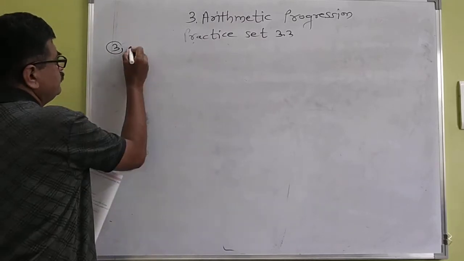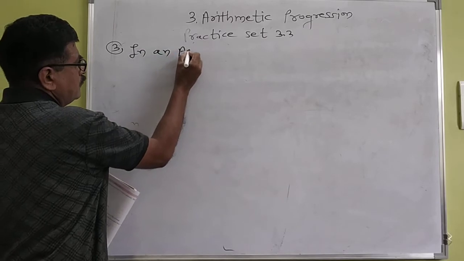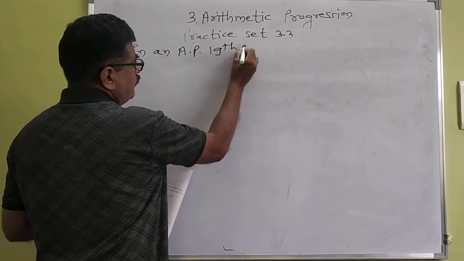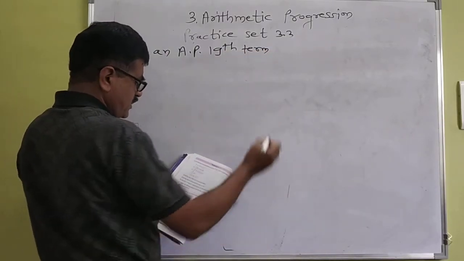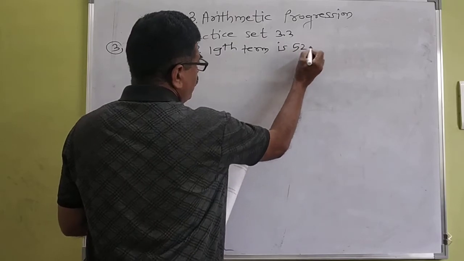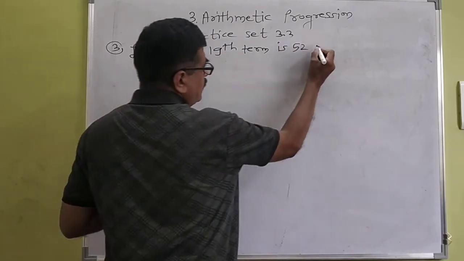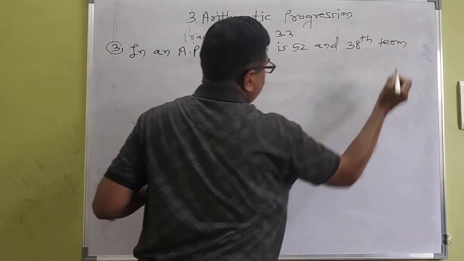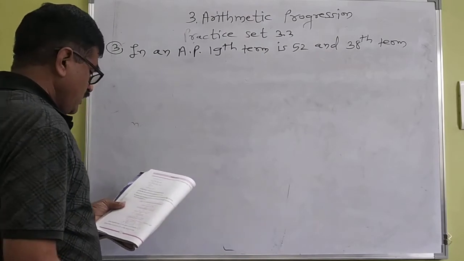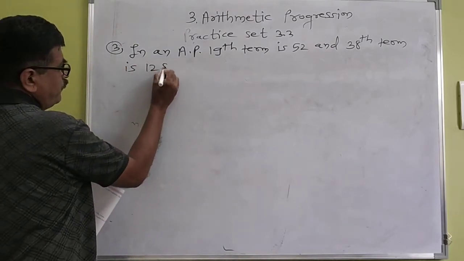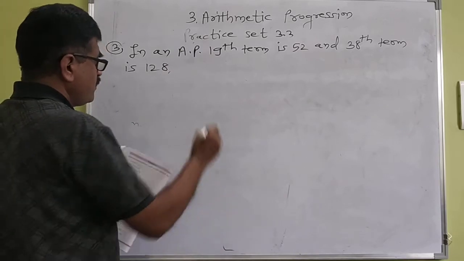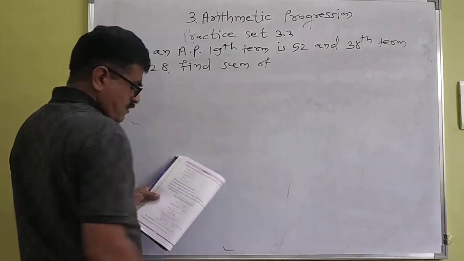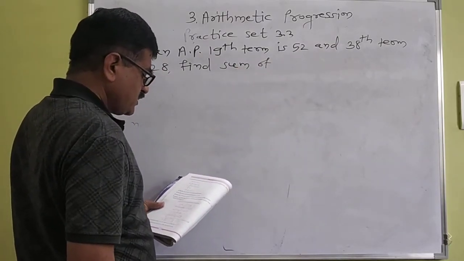In an AP, 19th term is 52 and 38th term is 128. Find the sum of first 56 terms.